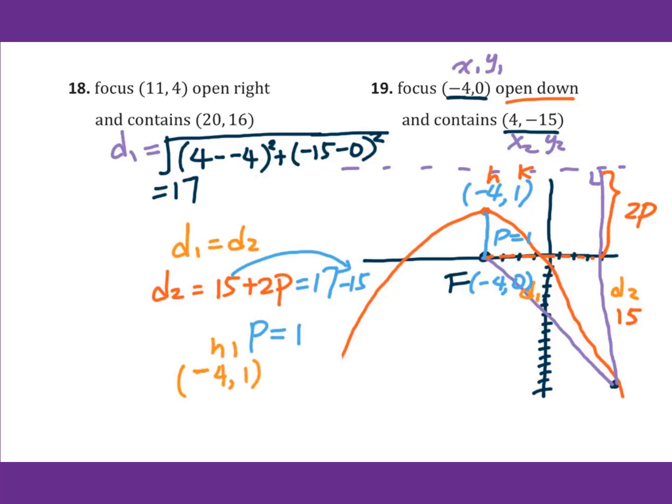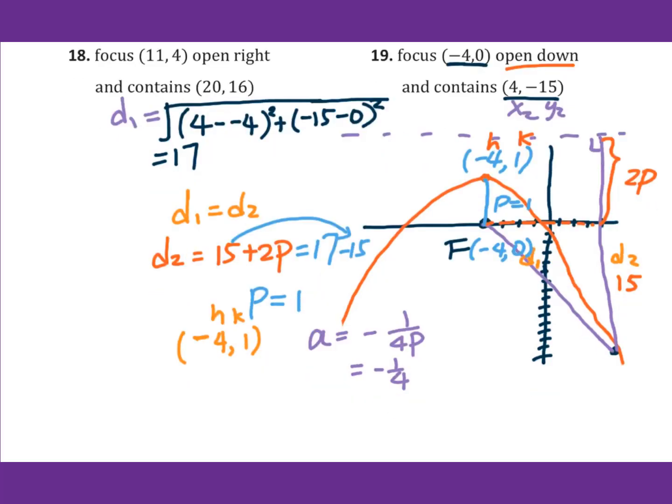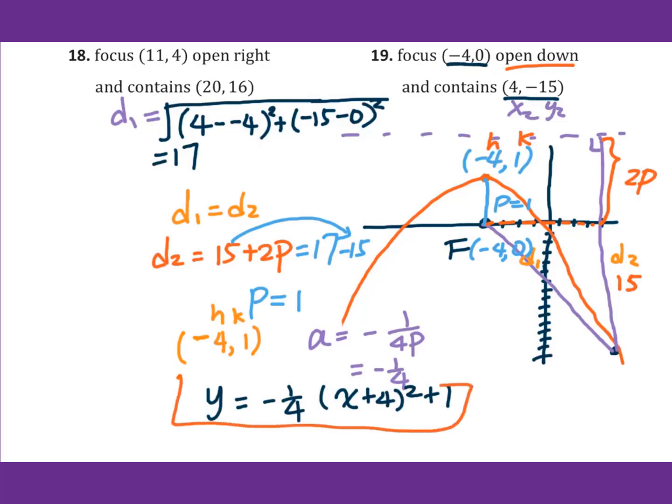Since this parabola opens down, I will do a equals negative 1 over 4p equals negative 1 over 4. I can write down the equation: y equals negative 1 over 4 times (x plus 4) squared plus 1. This will be the equation for this parabola.